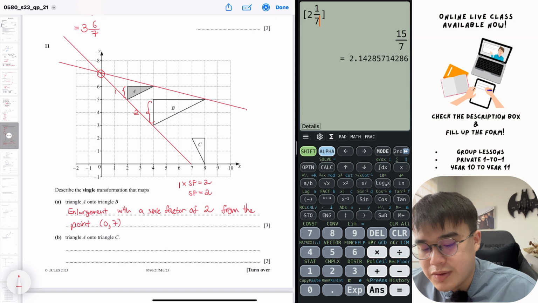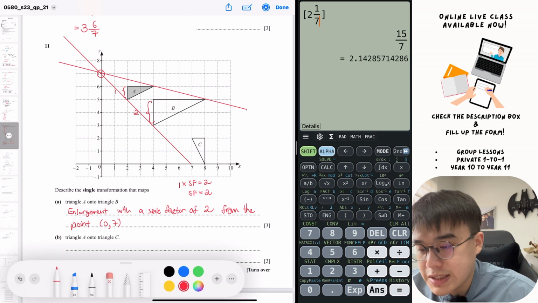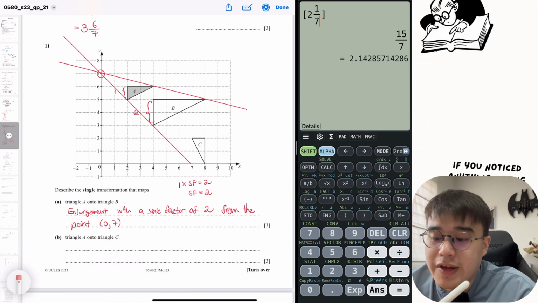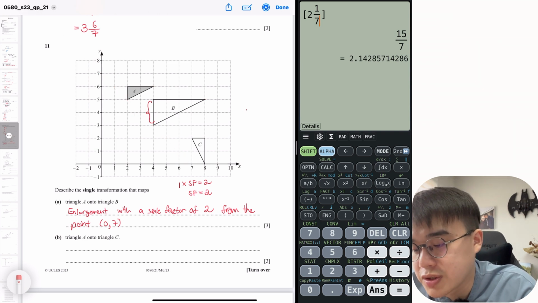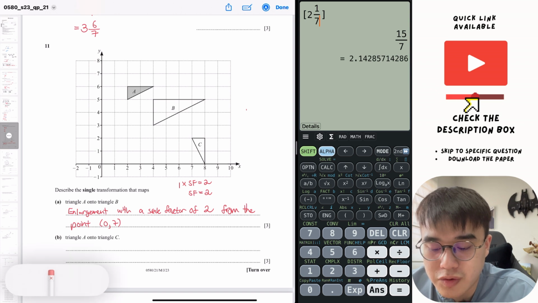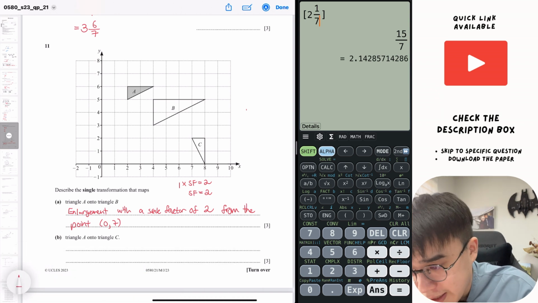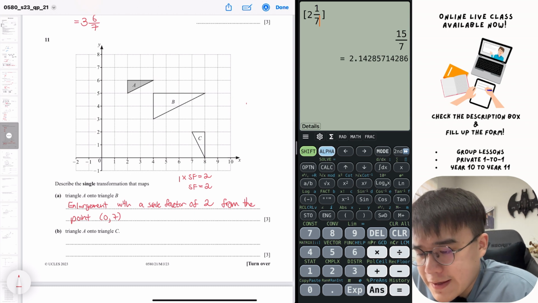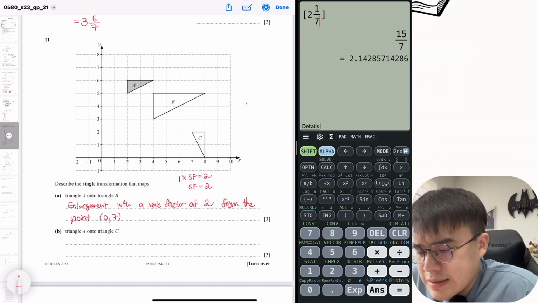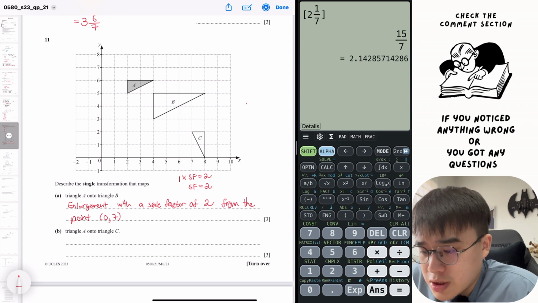Okay, so once you're done with it, I'm going to erase, so that I have extra space for my workings on the next question. When you draw the graph, try to use pencil only. A to C is obviously a rotation.